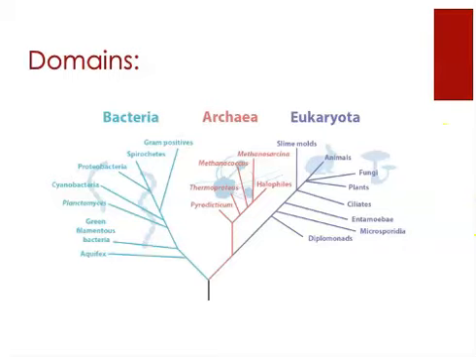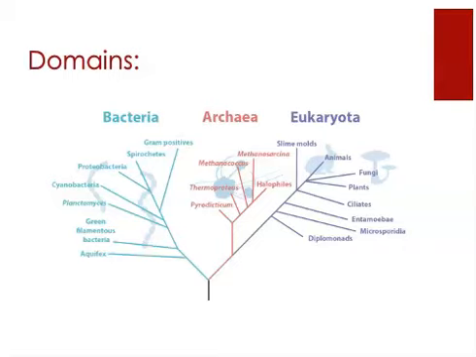Now, in terms of the domain name archaea, some of you may have learned in your education a term, archaebacteria. Originally, the archaea were considered to be a part of the bacterial domain. They were thought to be their own sort of subgroup of bacteria.